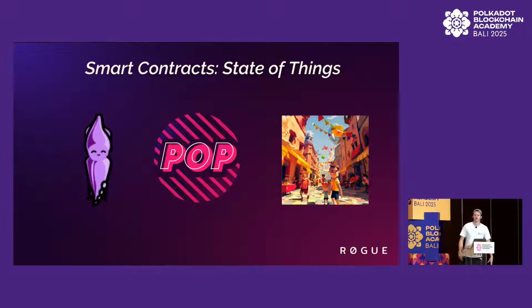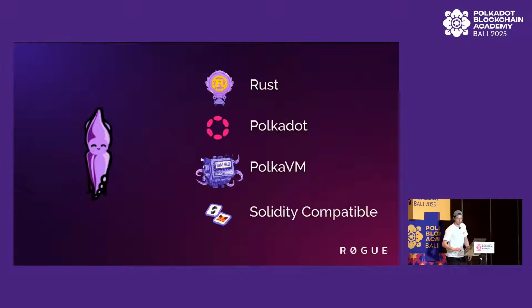Okay, so smart contracts, the state of things: Ink, POP CLI, and the Polkadot Hub. Ink is a Rust smart contract language, built alongside the Polkadot SDK since I think 6 or 7 years ago. Since a year ago, the Ink Alliance came to life, and we are now developing and maintaining Ink.